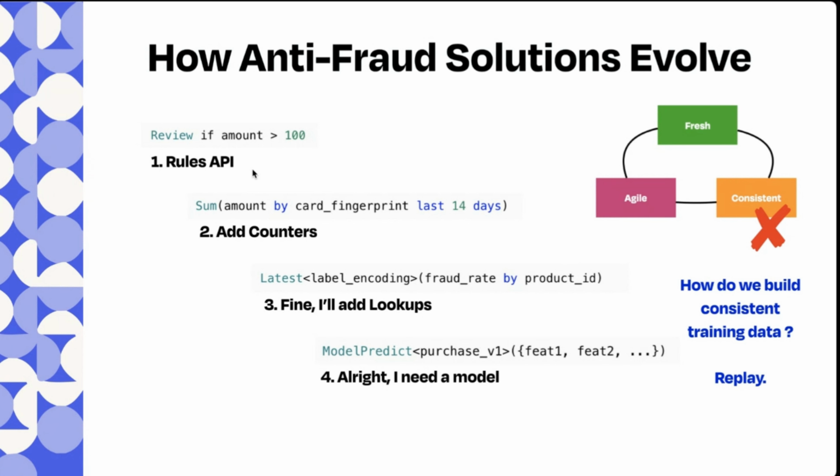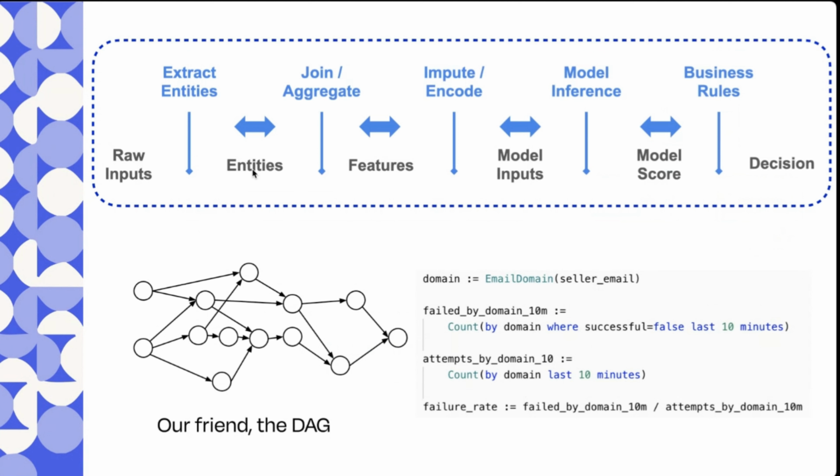And so the answer that I'll say is basically what we call replay. To explain what I mean by replay, we have to go back to our friend here, the DAG, right? What I'm showing here is, again, some more code in our domain-specific language, where you're doing this set of transformations: you're taking this input feature of a seller email, you're converting it to an email domain, you're then computing a couple of different stateful aggregates over that, and then you're doing another stateless transformation to divide those through each other.